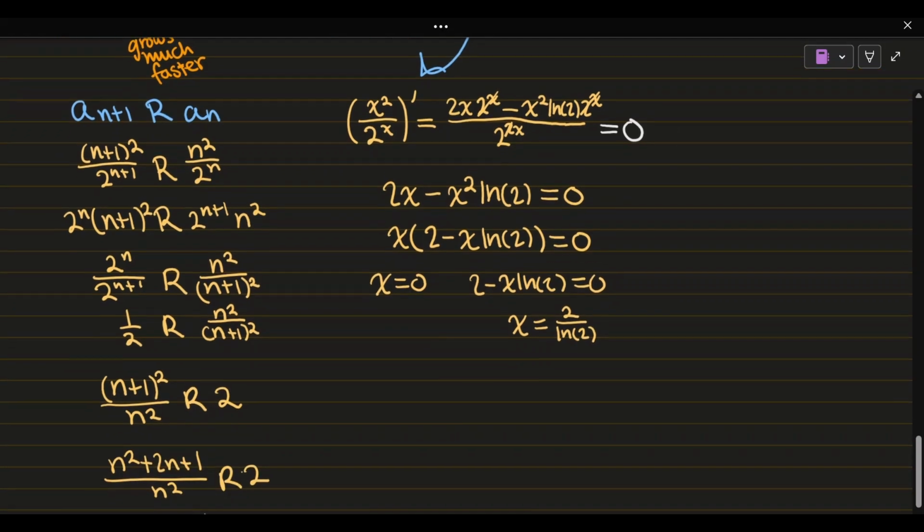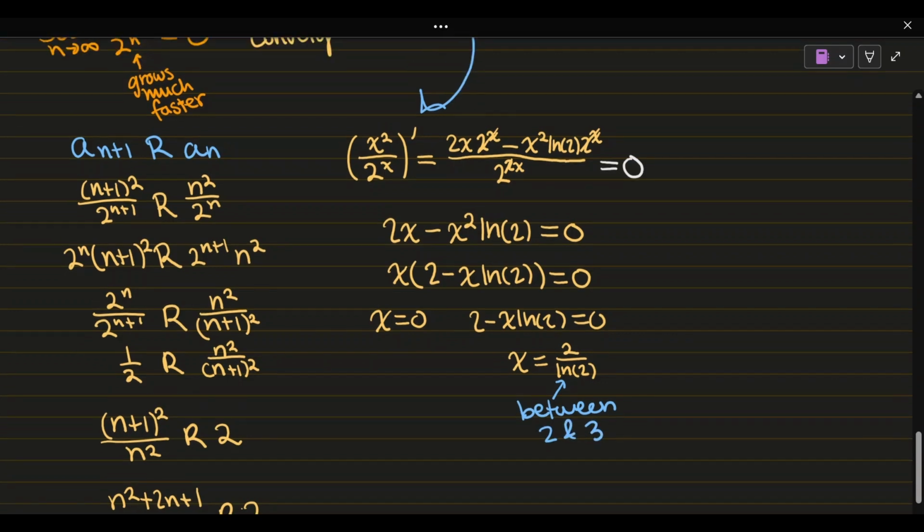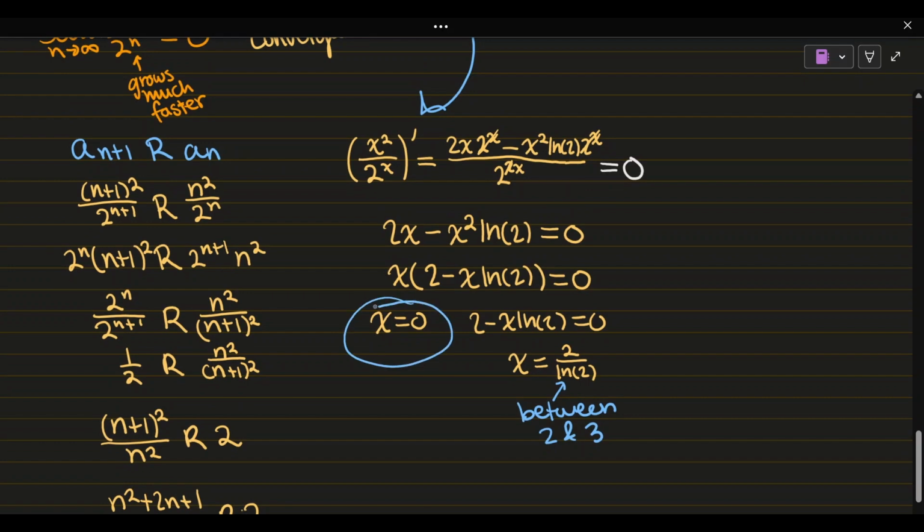Okay, and this 2 over ln 2, because ln 2 is slightly less than 1, is going to be between 2 and 3.